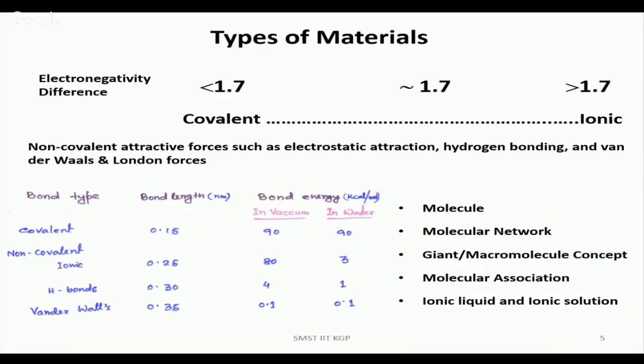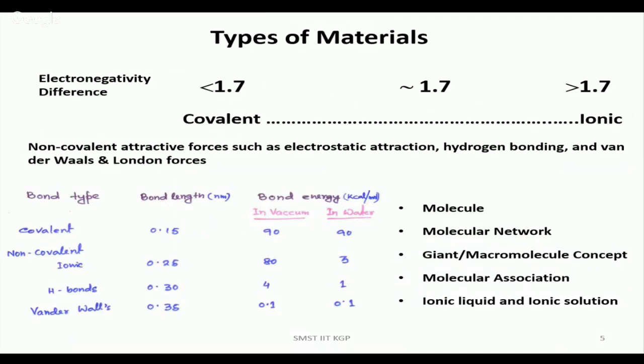right, having the same atoms, other than metals and metal oxides, like carbon-carbon, nitrogen-nitrogen, oxygen-oxygen. They are perfect covalent bonds because there is no electronegativity difference. If the electronegativity difference is less than 1.7, it is covalent.